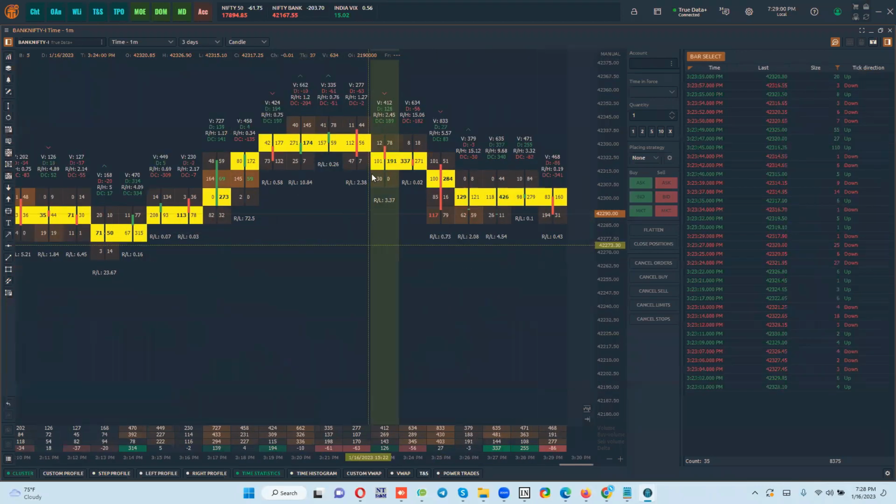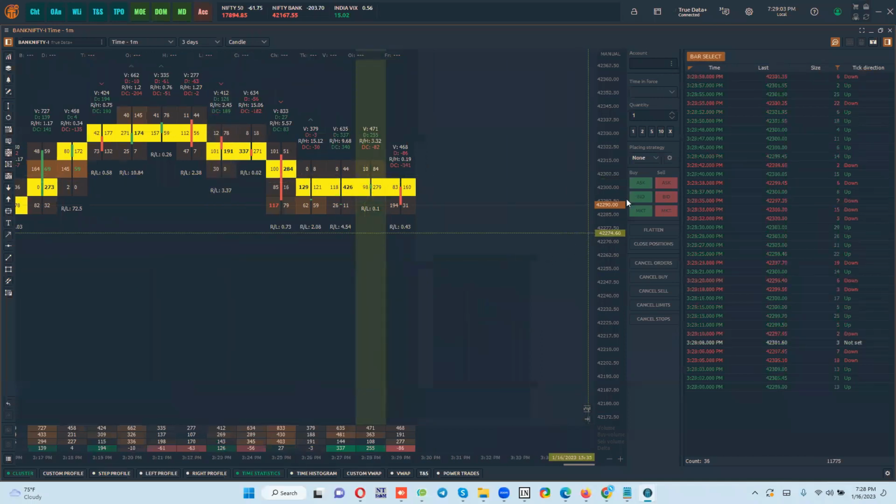So let's assume any of these candles. Okay. So I will sort this in ascending order.